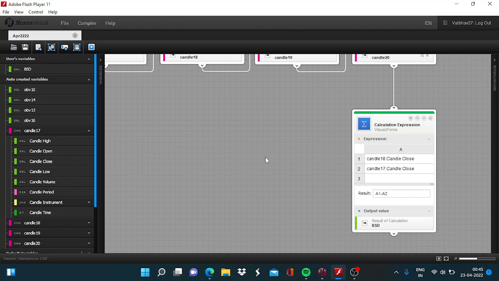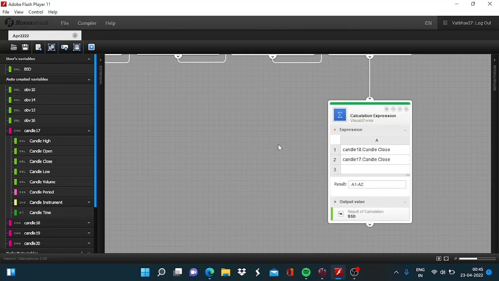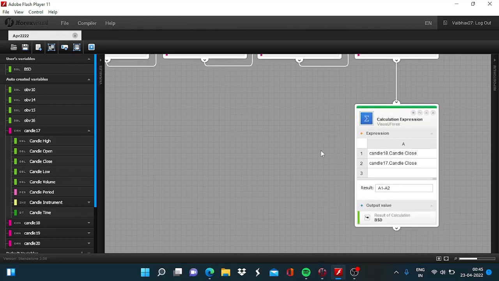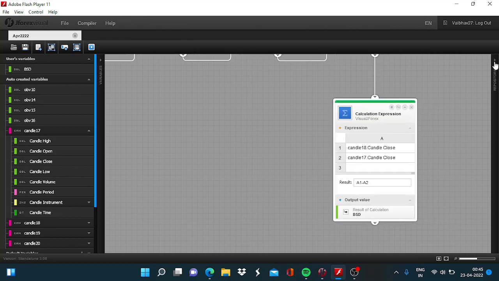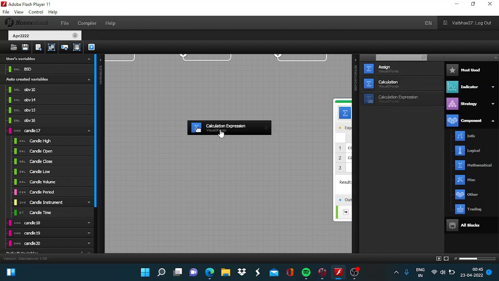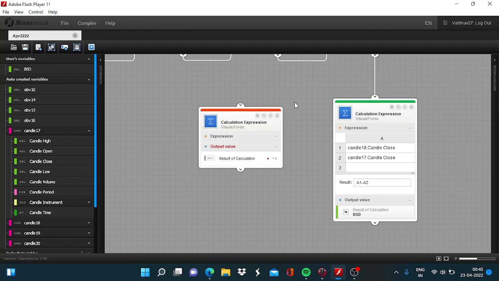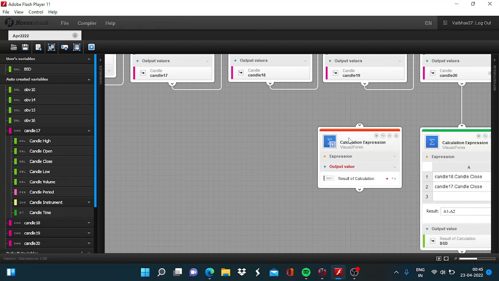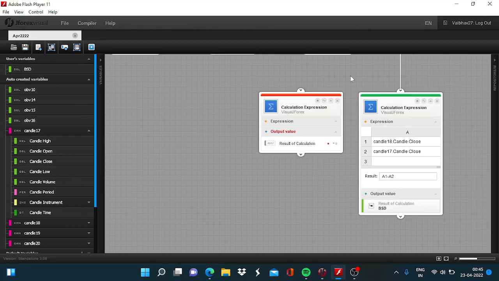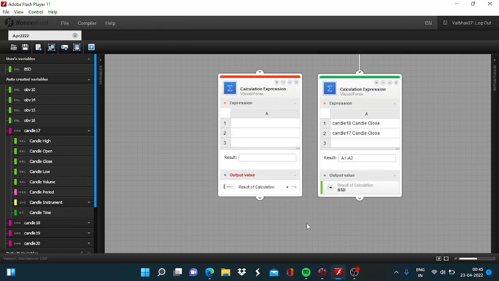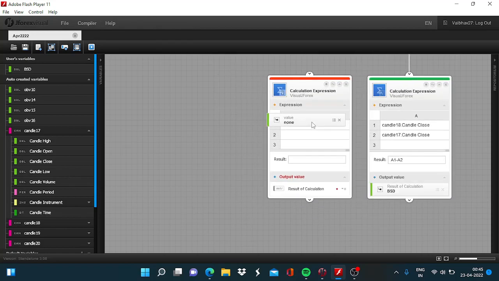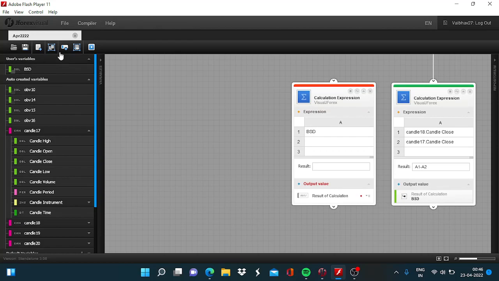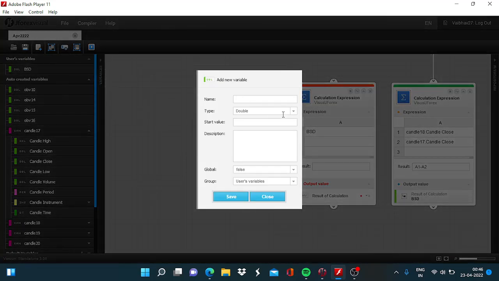So it is going to be dependent on your criteria, your preference. I will take twice of it. Okay, so we take this difference and multiply it with 2, or let's say 3.